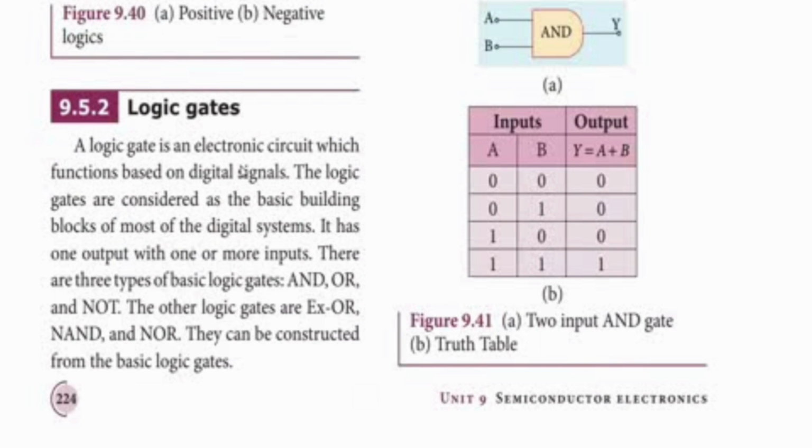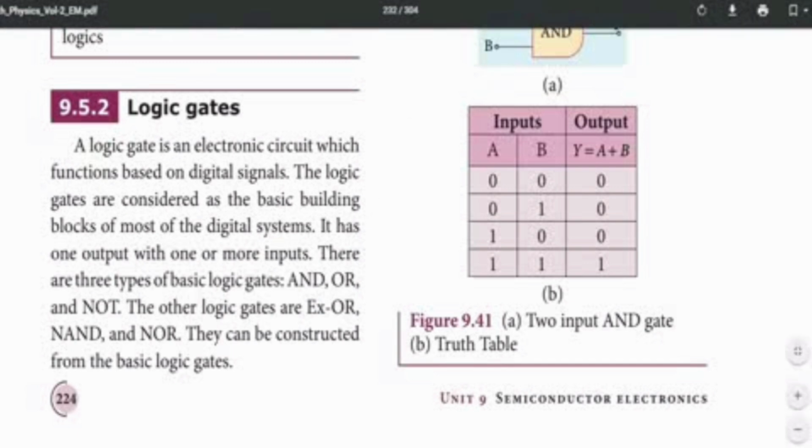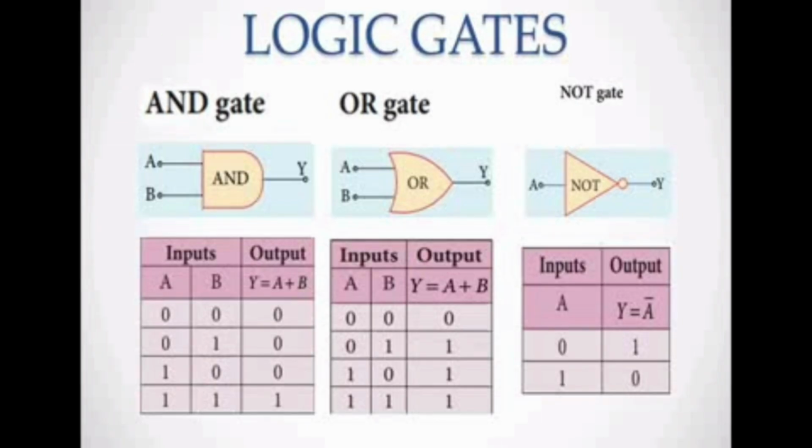Logic gates are used in electronic circuits and are the basic building blocks of all digital systems. Here we are using the three basic gates, that is AND, OR and NOT. So using these logic gates, we can construct exclusive OR, NAND gate and NOR gate. So these are all the logic gates: AND gate, OR gate and NOT gate.